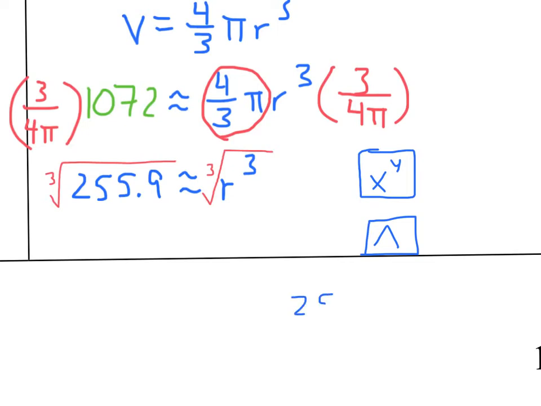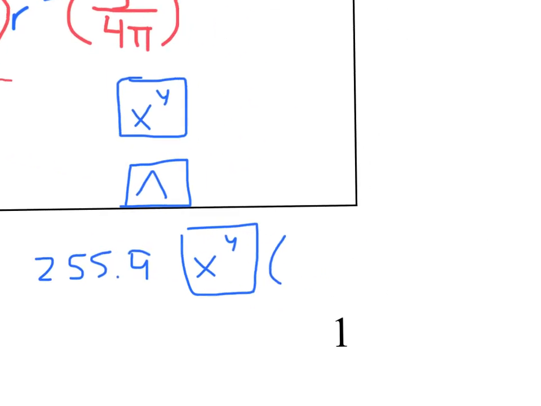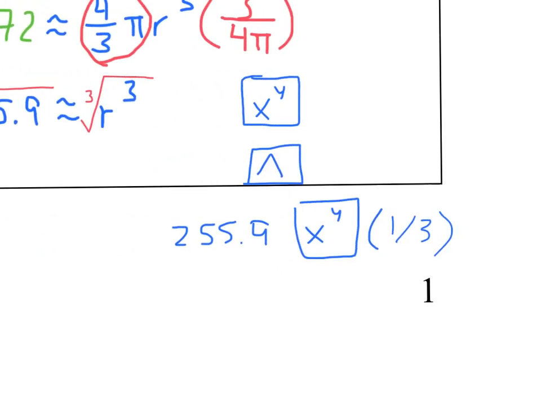I'm going to leave that number that's in my calculator right here. Then I'm going to hit the x to the y button. And then I'm going to hit parentheses 1/3, 1 divided by 3. The reason for that is because when you have a fraction in the exponent, the denominator is called the root. So that's the same as taking a cube root, it's just raising to the 1/3 power.